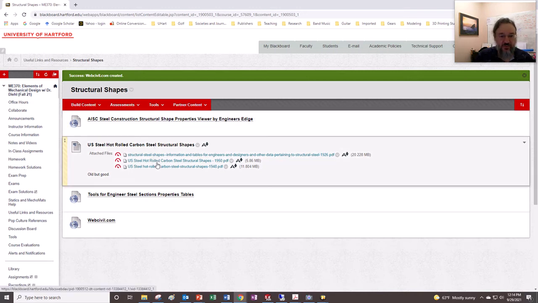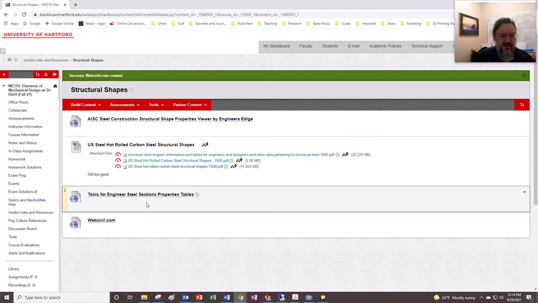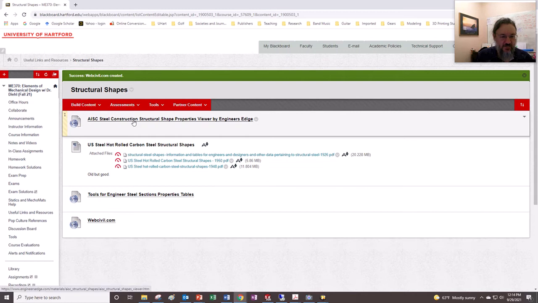Here are some old books of the kind the steel companies used to give out, because I was doing ship design and there's always picking out structural shapes, so it was always nice to have. And here's an online one for American shapes, and these are old books from like 1948 and 1926.